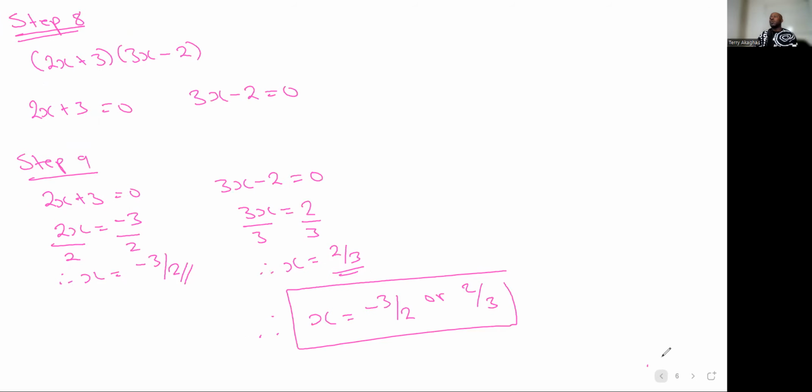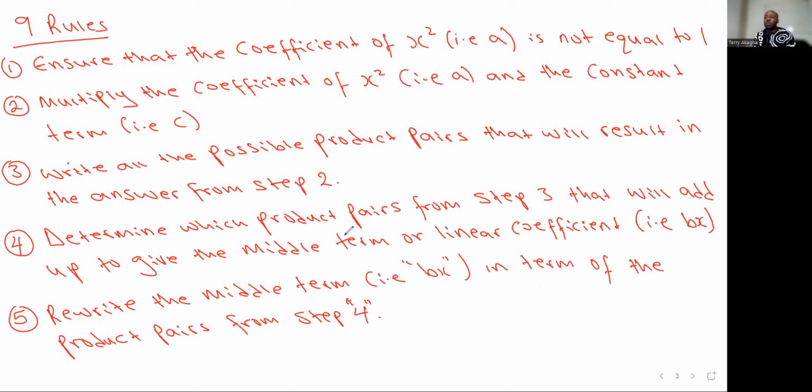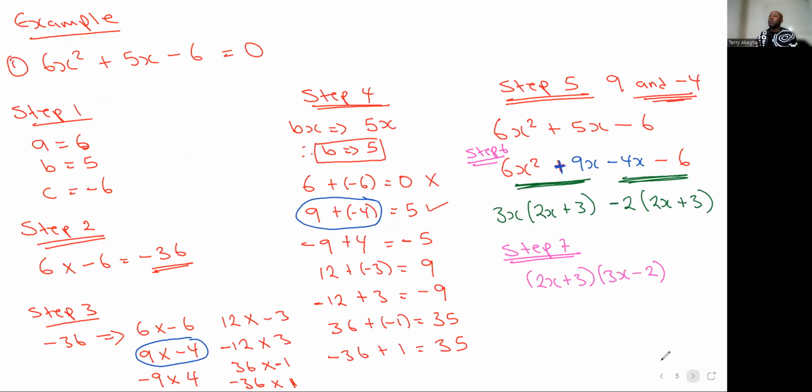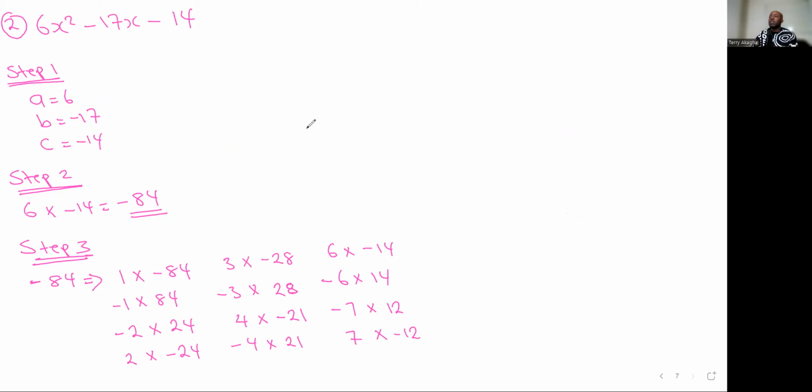Now, step 4 said that we need to determine which of these product pairs from step 3 will give us the middle term. So what is the middle term we're looking for here? We're looking for b equal to minus 17, right? So we're looking for which of these numbers will give us minus 17.